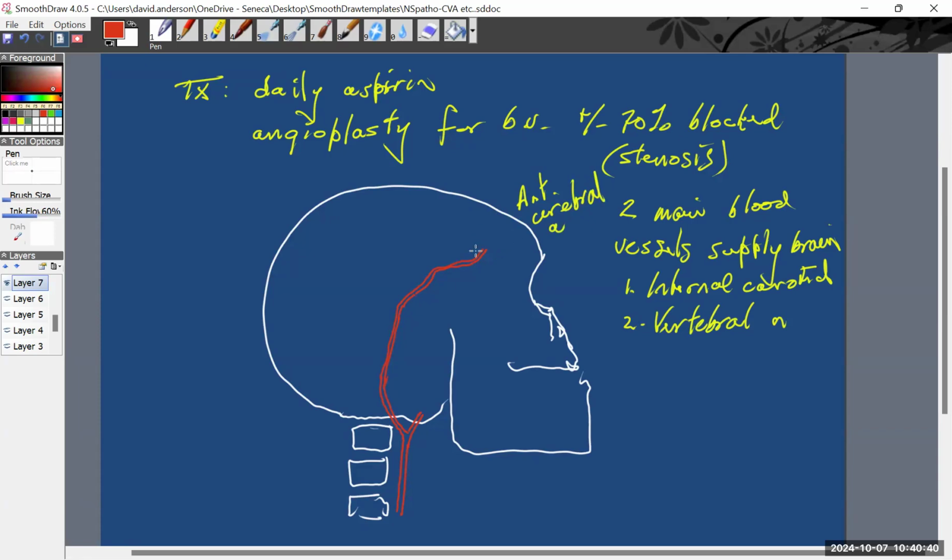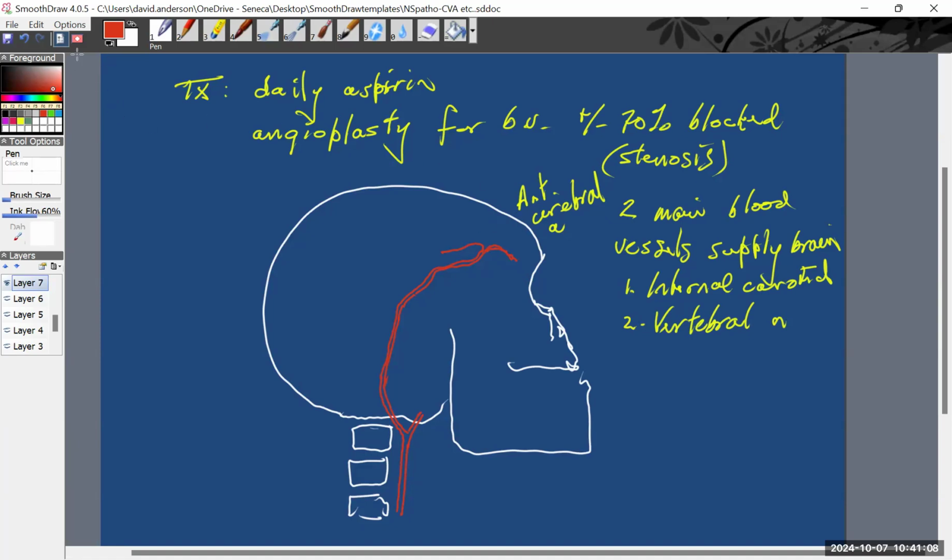Coming off the anterior cerebral artery, we're going to have a branch. I got it a little bit high, but it'll serve us. This branch is going to supply structures associated with the eye. It's called the ophthalmic artery. If you saw the name ophthalmic artery, you should be able to figure out that it has something to do with structures associated with the eye.